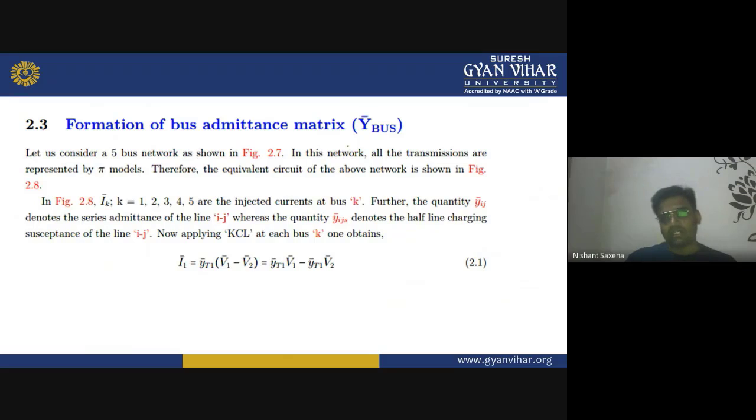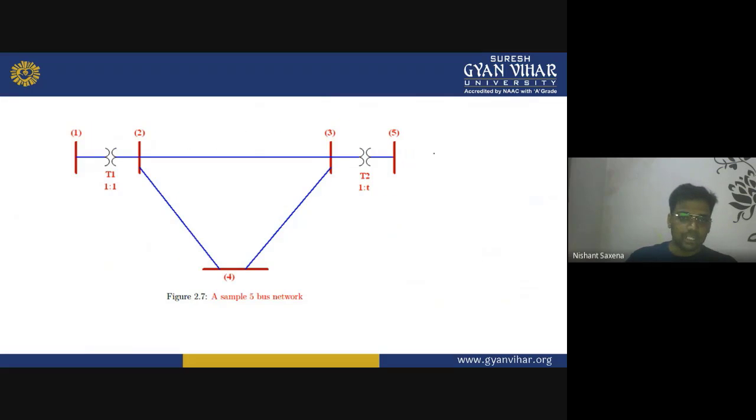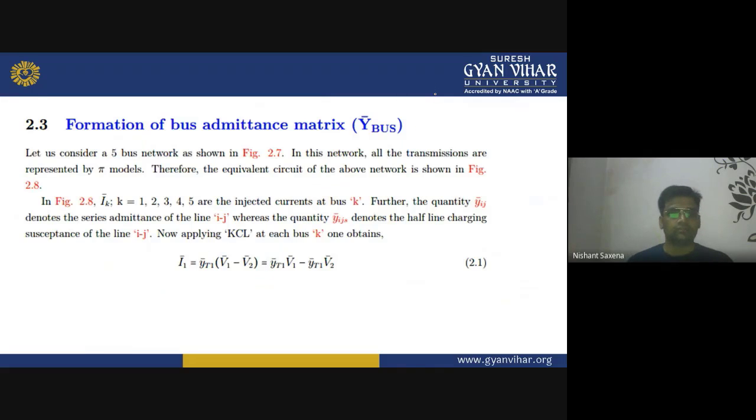Now in this network, all the transmission lines are represented by pi models. Here we are not able to see the transmission lines as a pi model, but we are assuming that the transmission lines are connected in a pi model. Therefore, the equivalent circuit of the above figure is shown in figure 2.8.